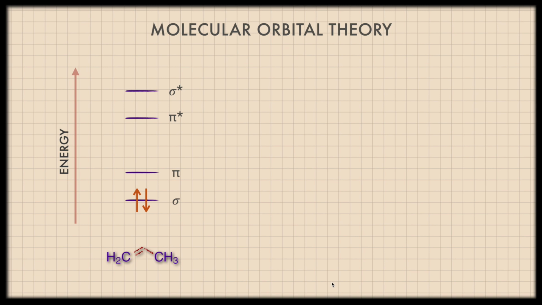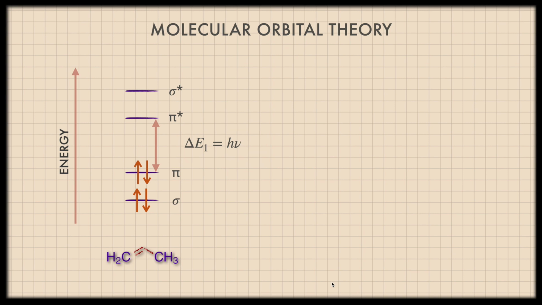So what we have here is the sigma bonding, sigma anti-bonding, then the pi bonding, pi anti-bonding molecular orbitals. The same thing here: the energy difference between the pi and the pi star gives you delta E, which is again h nu.